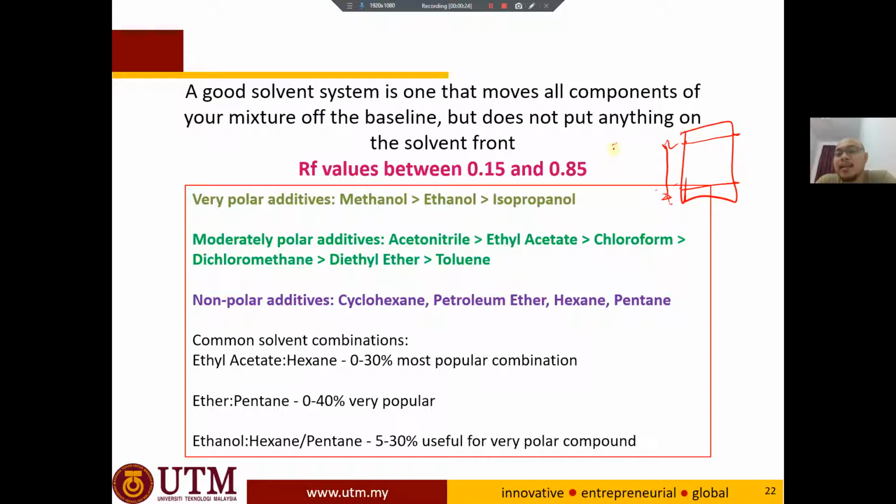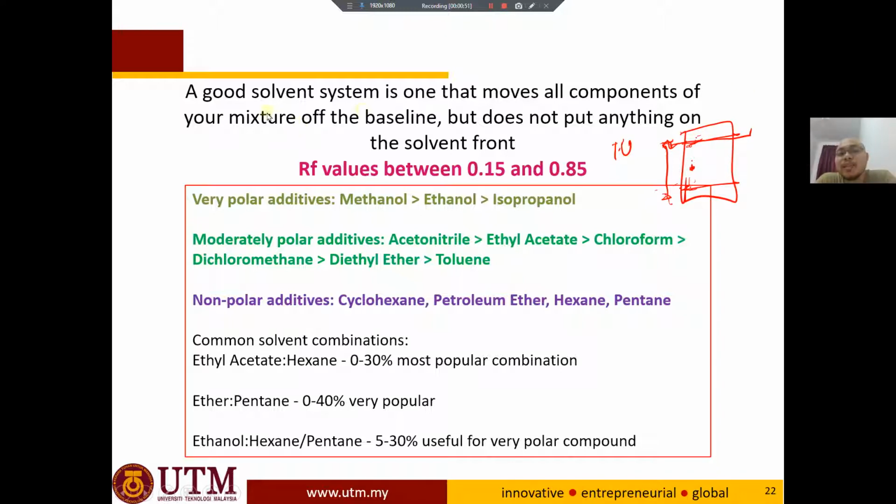When your analysis runs for 10 minutes, your solvent front reaches here. A good solvent system has the solutes moving between where the solvent begins and before the solvent ends, until the solvent front.